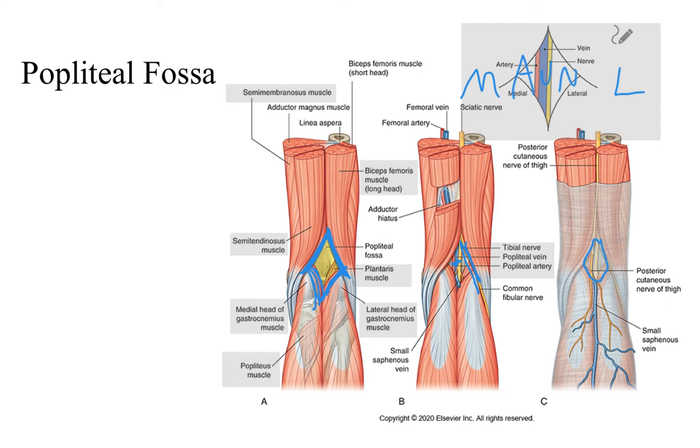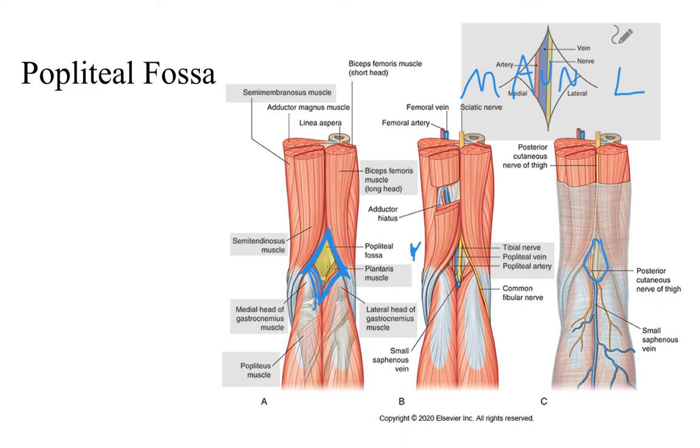So the other way of looking at this, since this is a 3D structure, even though we're looking at it in a 2D image here, so this will be really good to see in a laboratory, especially on the Anatomage table, is that from anterior to posterior, so the other side of the knee to this side of the knee, you'll have the artery, vein, and the nerve.